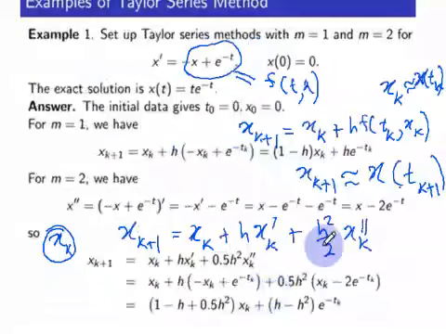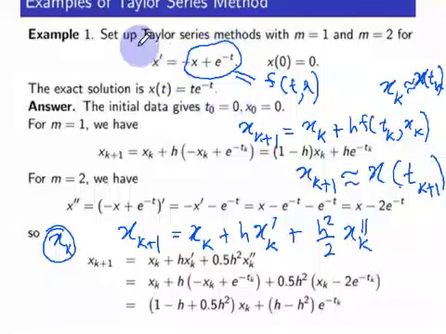So x k prime is this one, minus x k plus e to the minus t k, plus 0.5 h squared times x k double prime.